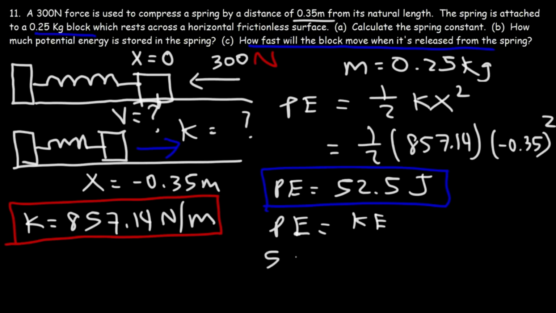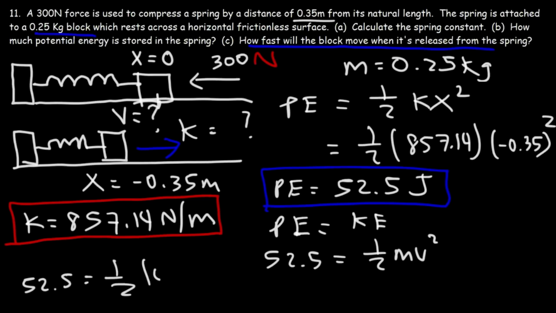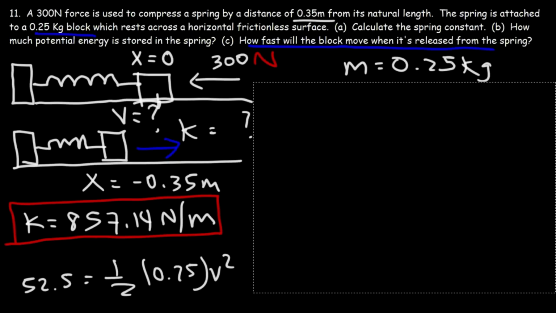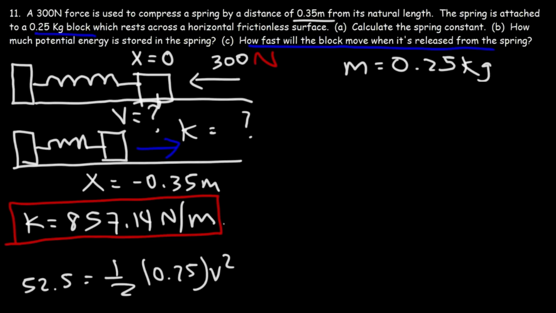So we have the potential energy, which is 52.5. The kinetic energy is 1/2 mv squared. The mass of the block is 0.25 kilograms. So now we've got to solve for v. Half of 0.25 is 0.125. So we have 52.5 equal to 0.125 times v squared.